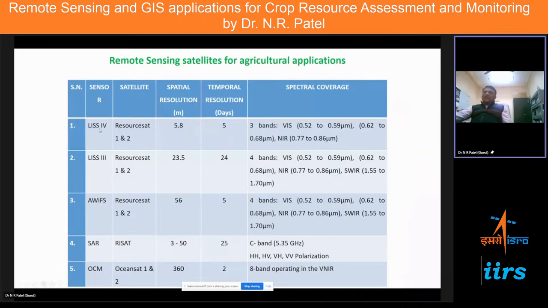There is one sensor, LISS-4, on ResourceSat with 5.6 meter resolution. Every 5 days it revisits the particular area, and there are almost 4 bands. So it is very useful for field boundary detection and for large and small patches of vegetable and horticulture crops.